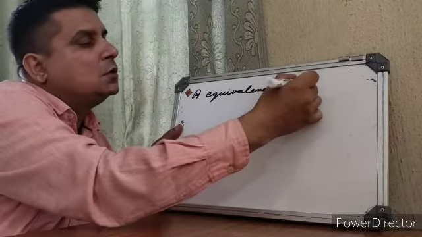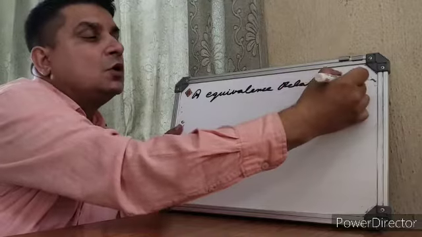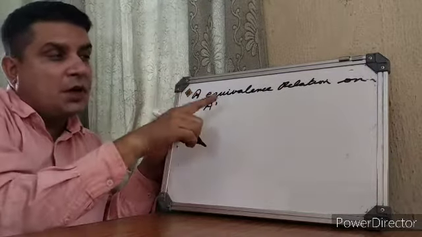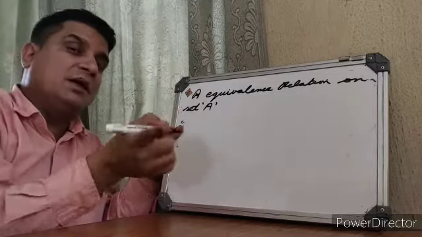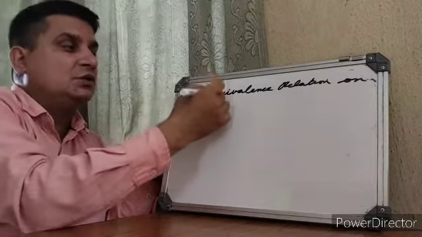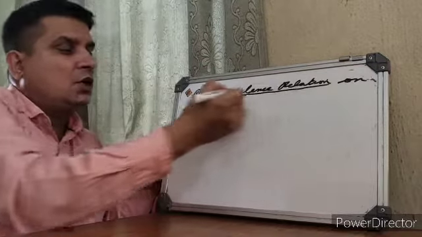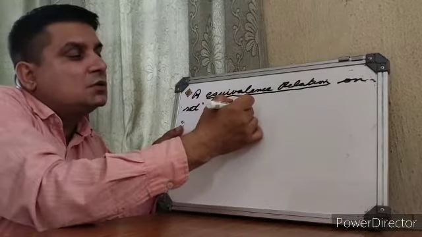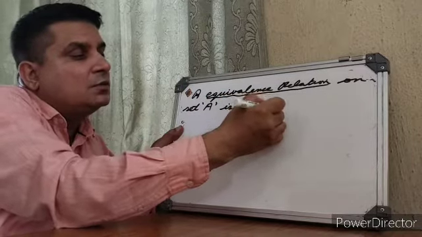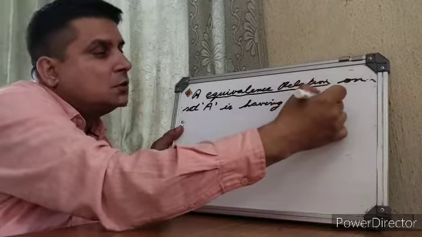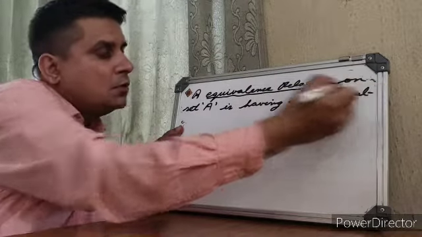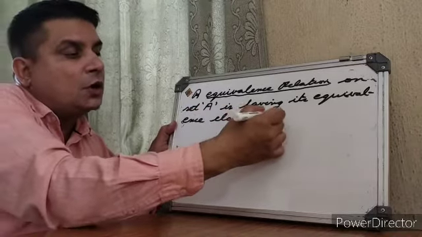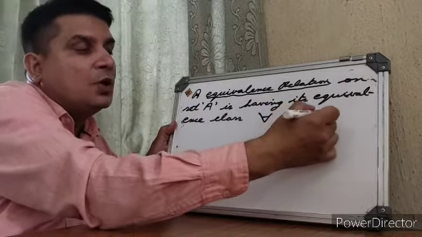So what I am writing: an equivalence relation on set A is having its equivalence class for each and every a belonging to set A.